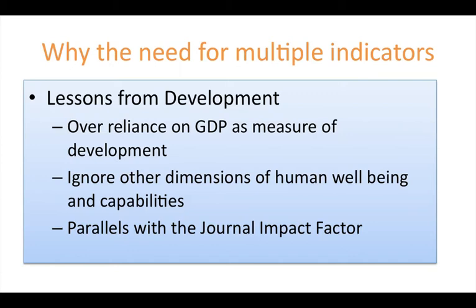So just because a country's GDP keeps going up doesn't mean that it is better developed, because inequality can still be a very serious issue, and yet GDP doesn't reflect the growing inequality in some countries despite the growth of GDP. I think the same can be said of the journal impact factor. Journal impact factor encourages certain kinds of behavior, citation gaming, and publishing in certain kinds of journals, and the concentration of certain kinds of journals, at the detriment of the diversity and the local needs that have been neglected.